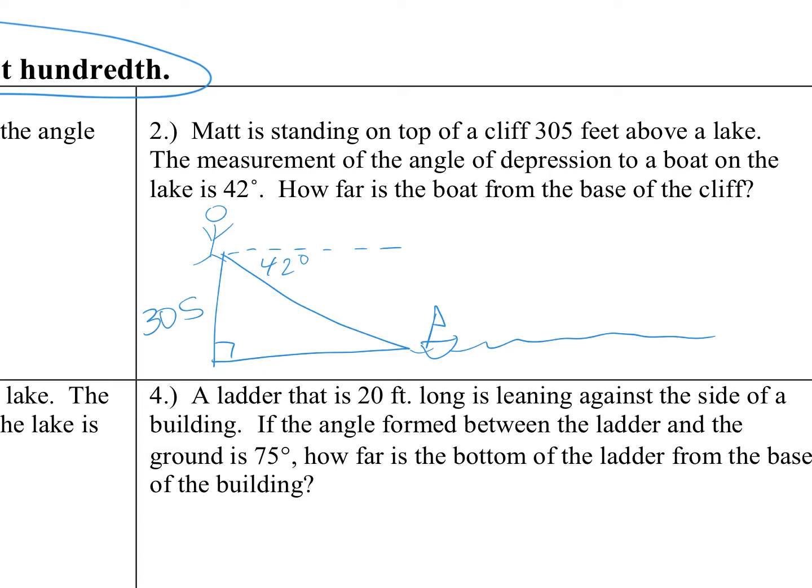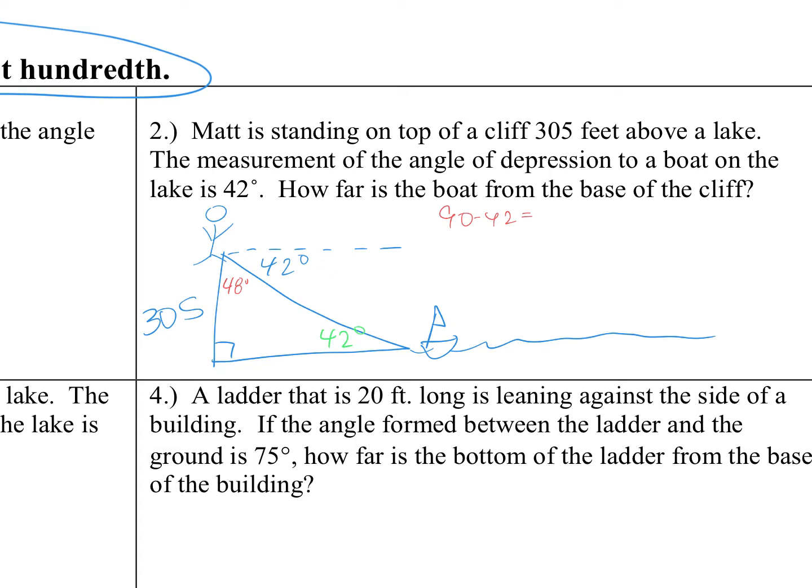Now here I have two options. I can either say 90 minus 42, which is what? 48. I can say this angle on the inside here is 48, and I can use that as my reference. Or I can say this angle here is 42, and I can use that as my reference.